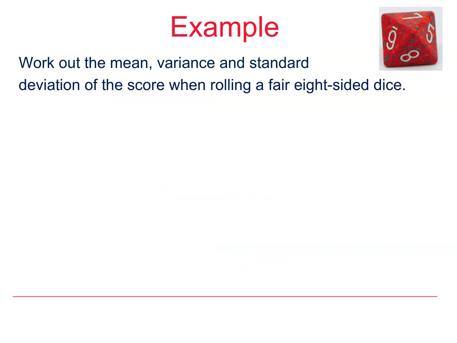Let's look at an example. This is the uniform distribution with n equals 8 as the die is fair, so we can calculate exactly from the derived results. So the expected value of x is n plus 1 over 2, and that is 9 over 2, which is 4.5.